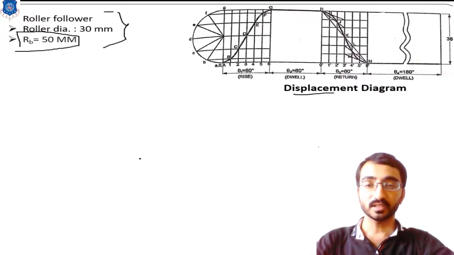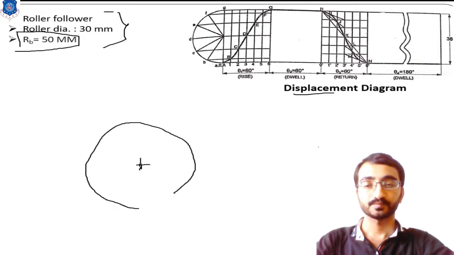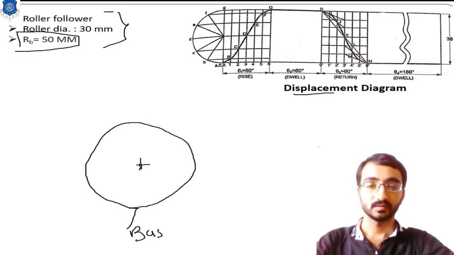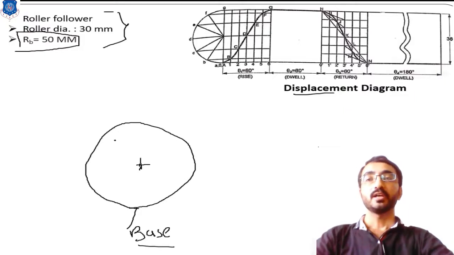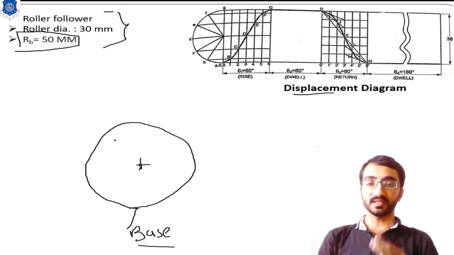So consider this one as your center point, and draw one circle having radius equal to 50 mm. This circle is representing the base circle. Now after sketching this base circle, you have to plot your follower over this base circle.